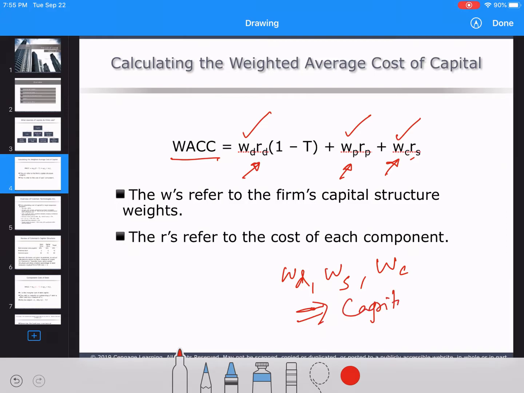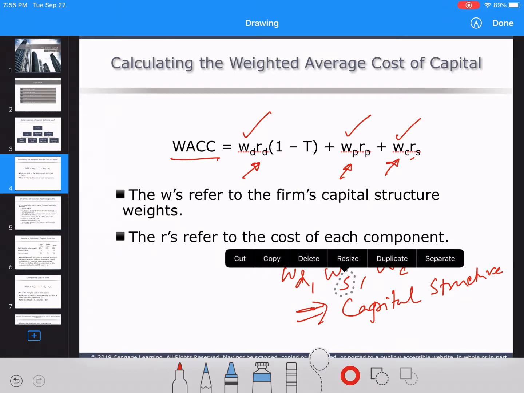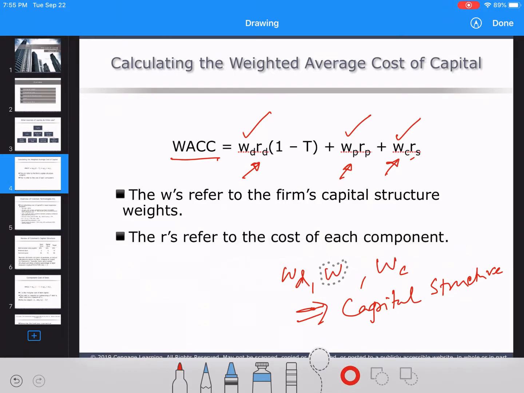That means what percentage of debt is in your financing, what percentage of equity is in your financing, and what percentage of preferred is in your financing. This should be P rather than S. All right, so that is the capital structure.